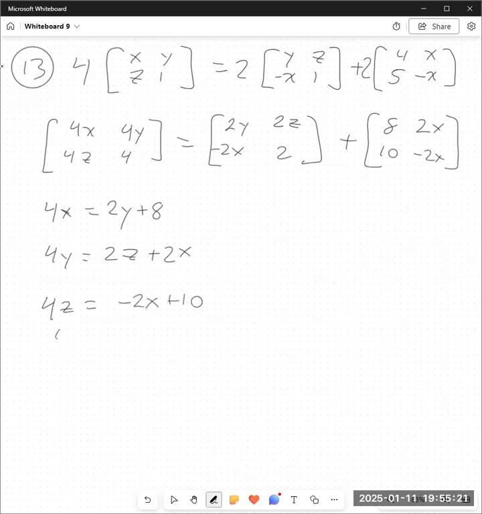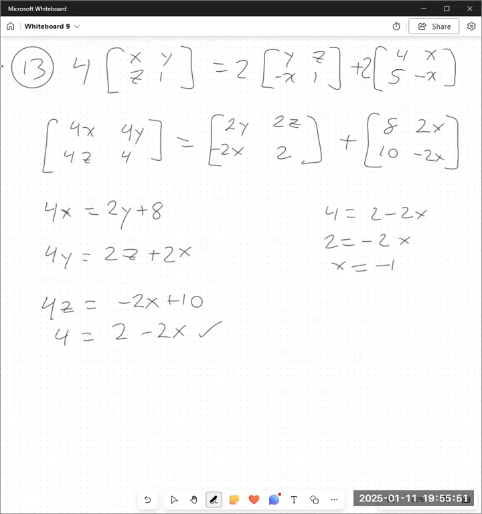And that tells me that 4 is equal to 2 minus 2x. This is the only equation with one variable in it, so I'm going to start there. 4 equals 2 minus 2x. So 2 equals negative 2x. X is equal to negative 1. So I've solved that equation. Let's use that x equals negative 1 to solve for y and z in equations 1 and 3.